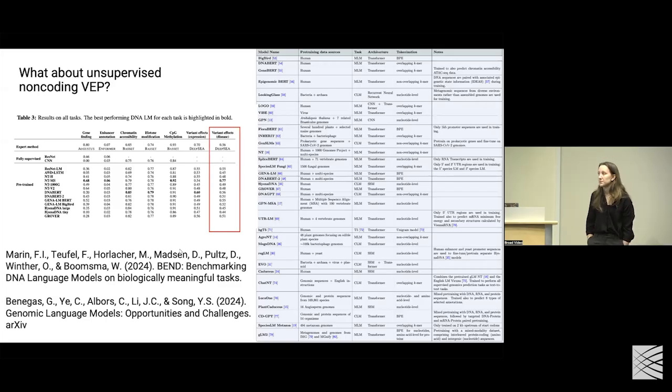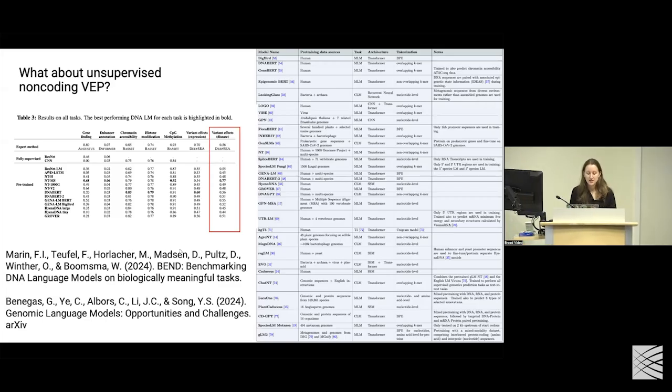But I highlighted in the red box here this variant effects task, and there is still a lot of room for improvement on this task, where the variant effect here is going from that beginning DNA sequence all the way to the person with the red spots on their face. A lot of these tasks on the left, you can think of as, can I go from sequence to RNA-seq expression?